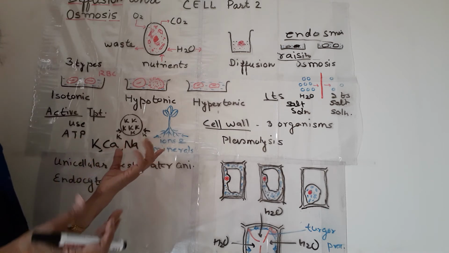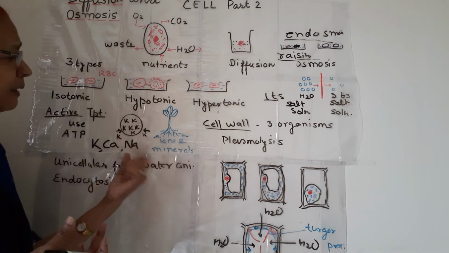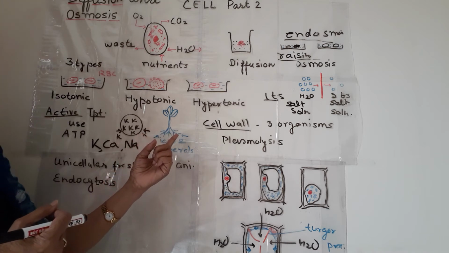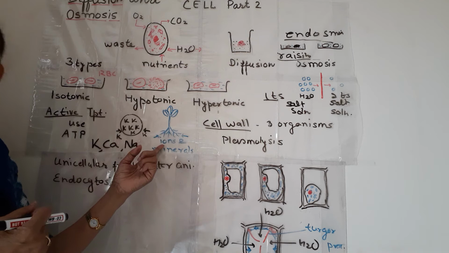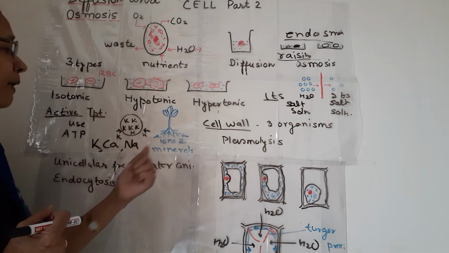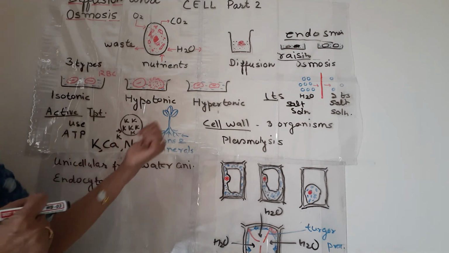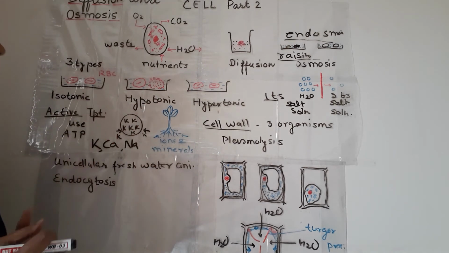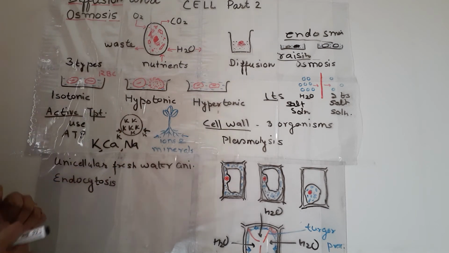Even water is taken by simple osmosis, but ions and minerals which are dissolved in water are taken up by the roots of the plants by this active transport using the energy or ATP. So this is about active transport.